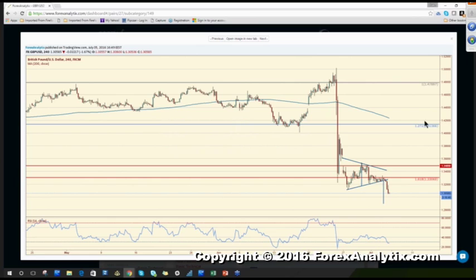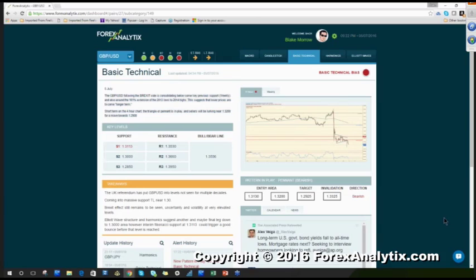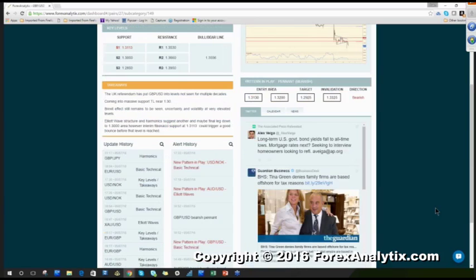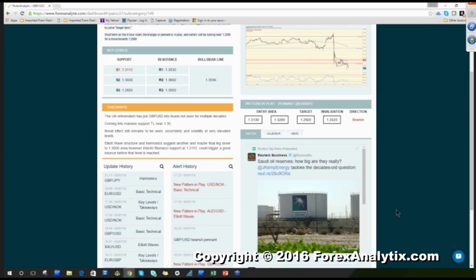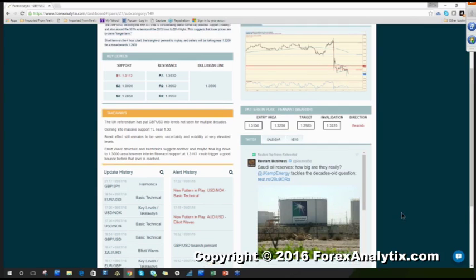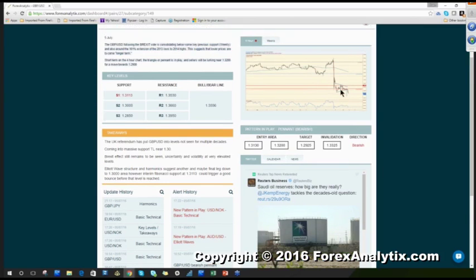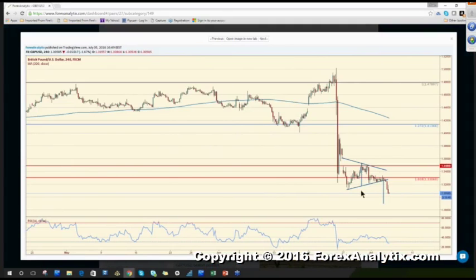Well, you may or may not have seen that when you were doing a live analysis, but we have it down here in the patterns in play, and it tells you where the target and where the invalidation is, and that it is bearish. And if you can get an entry somewhere in here, that would be optimal. But that doesn't mean that that is a trade recommendation. It's just saying, from an educational standpoint, a typical wedge pattern or pennant that looks like it will produce.